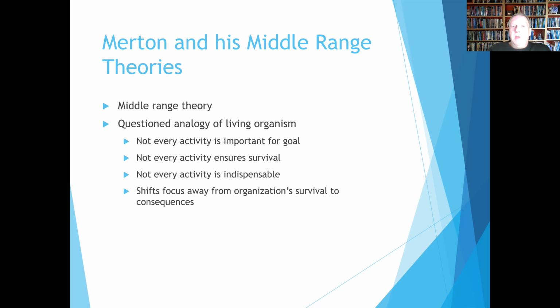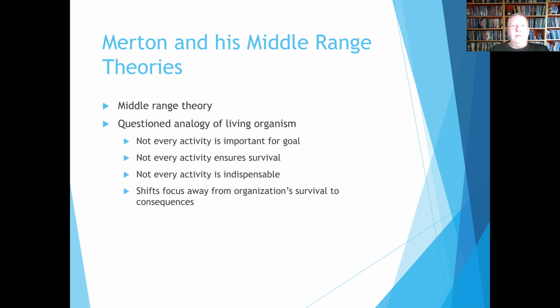In Merton's middle range theories, he took issue with the natural systems assumptions. He questioned this analogy of an organization to a living organism. He said, we really can't say that organizations are like living organisms because they don't always behave like a living organism.